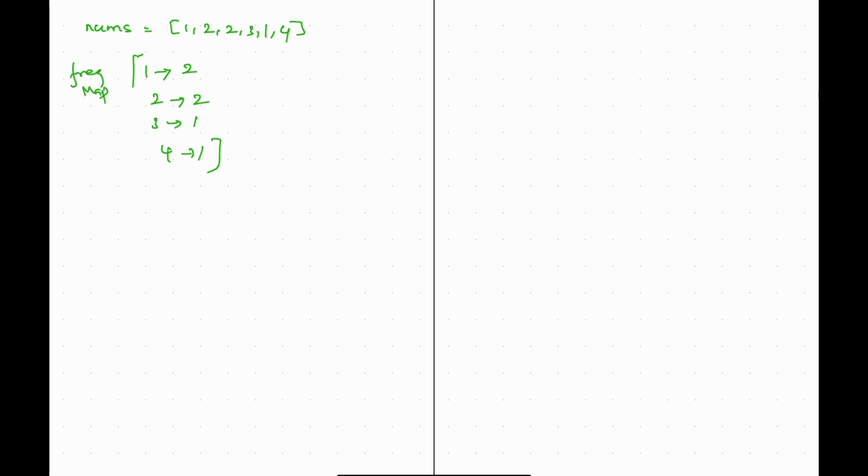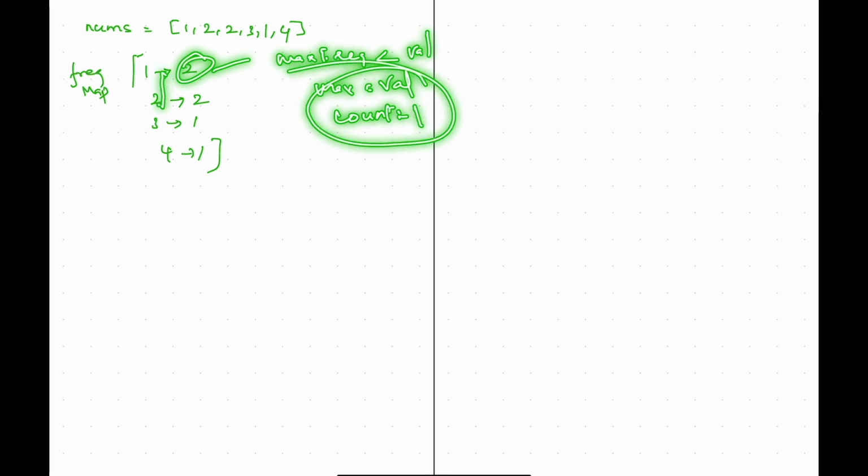Once you know the frequency, we'll be traversing through all these values to find the max value. If the max frequency is less than this value, then update the max frequency to the corresponding value and set the count to 1, because we have to return the total number of frequencies, right?